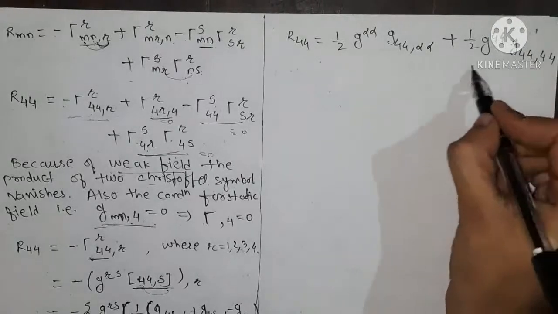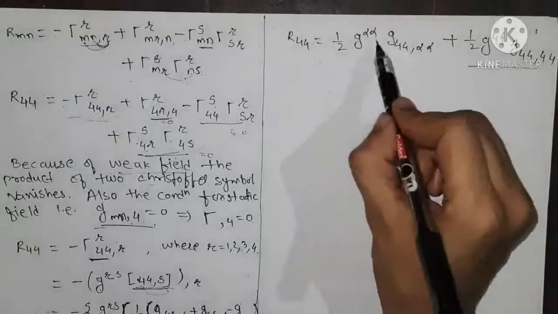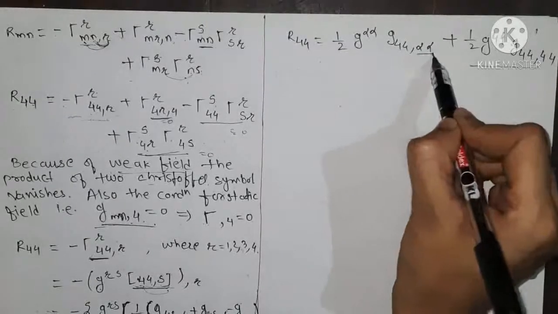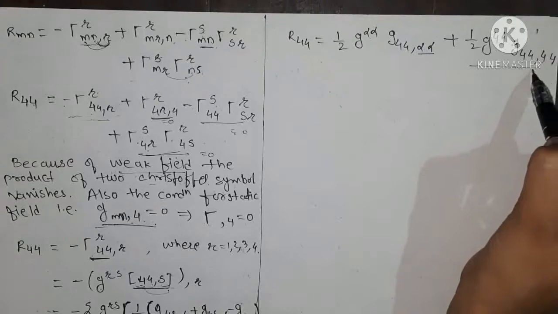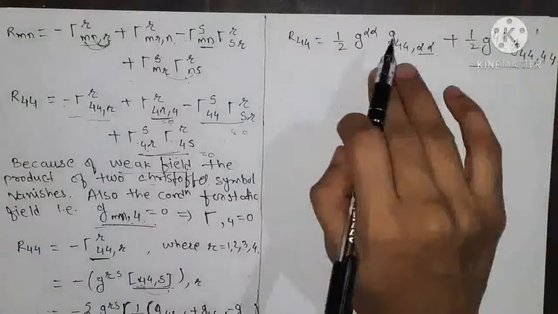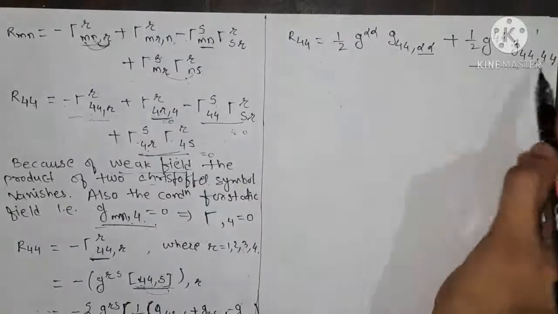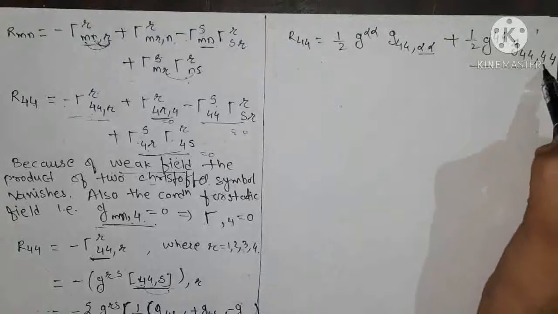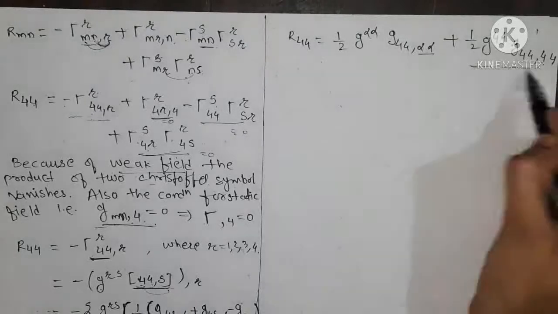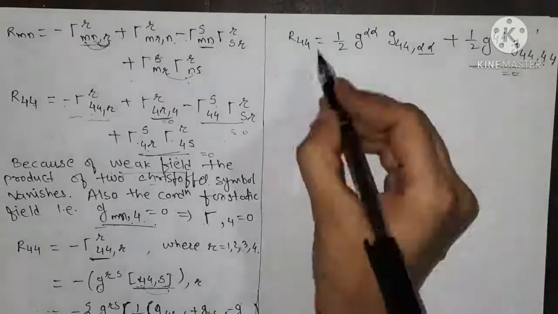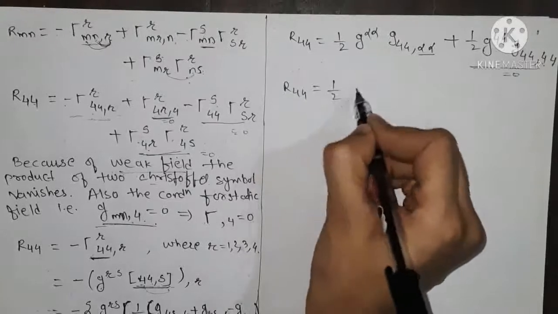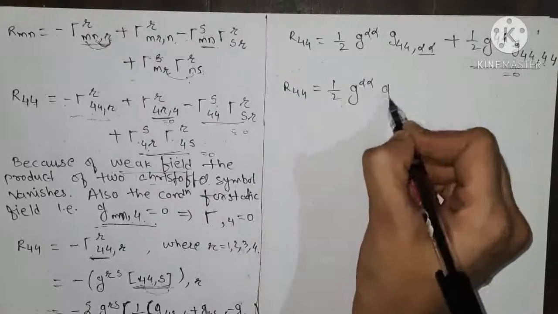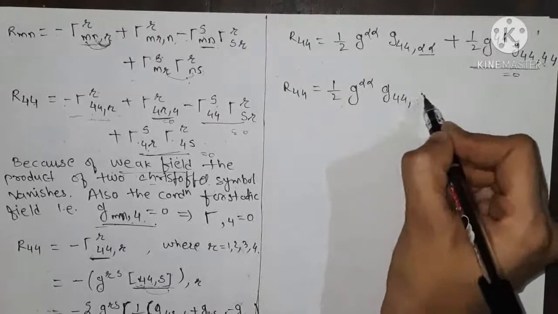Again, we are taking alpha for 1, 2, 3 and the fourth term is the fourth coordinate. So we divide this into two parts, and because of the static field, the comma 4 derivative equals 0, therefore this term equals 0. So R_44 is equal to 1/2 g^{alpha alpha} g_{44,alpha alpha}.